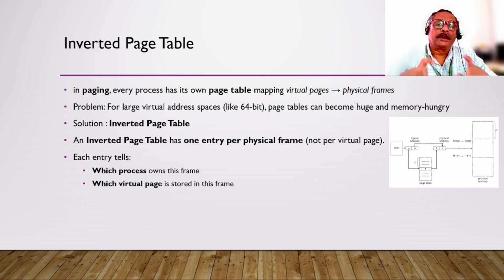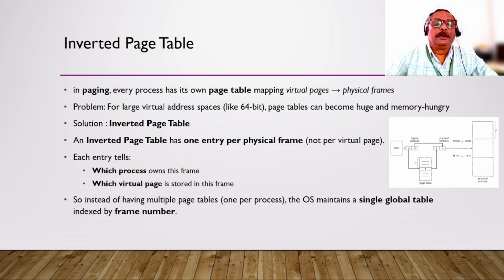Here we are writing an entry for the frame of the main memory, and this entry tells which process is using this frame, and what virtual page is stored in this particular frame. So at every frame we write, in the reverse way, which process ID and which page is stored in this particular frame.